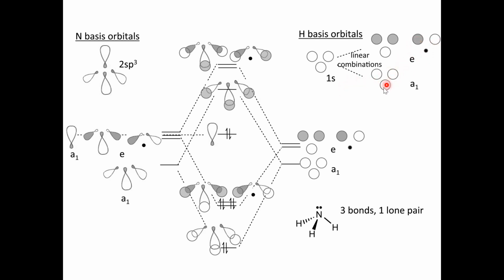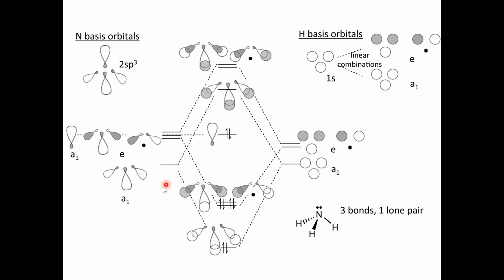All right. And now let's consider the nitrogen atom, and as I proposed, let's start from the hybrids. Let's start from the 4 sp3 hybrid states. Okay, so these are the 4 orbitals, and I need to make linear combinations of the same symmetry as the hydrogen atom.